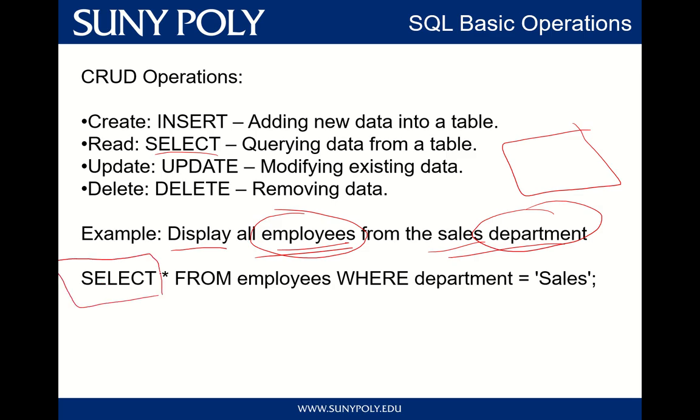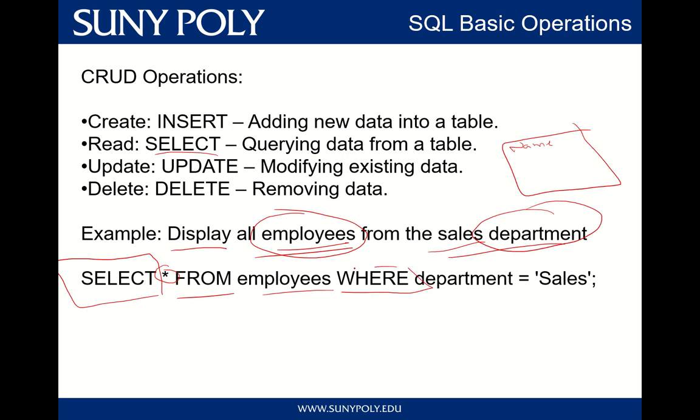Now you need to specify, okay, what do you want to select? In this table, it's possible that you have the name, the last name, also all the information that you might have from the employees. But let's say you want to retrieve all columns, then you use the multiplication sign, the star. This star will give you all the columns from employees. That will be our table. That's the name of our table, employees.